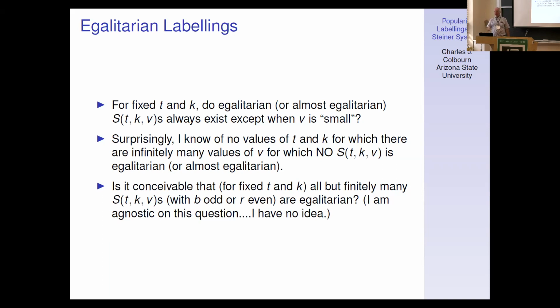So I kind of feel like here I'm looking for one, but they seem so common. Everything I try seems to find one. That doesn't mean I can prove anything about it, but it does mean that it seems curious that I also can't find out what the obstacle is that would prevent me from finding one. So it's conceivable that maybe everything is egalitarian once it's big enough.